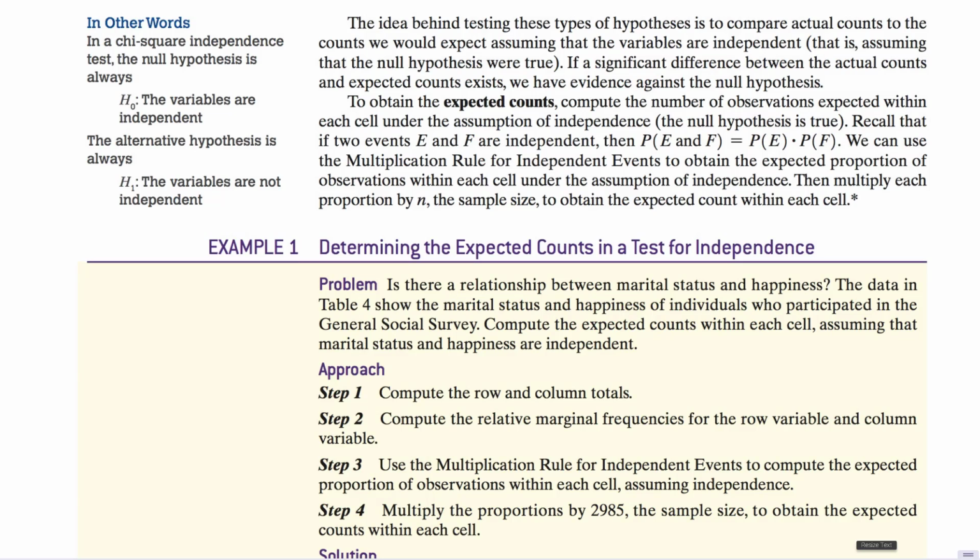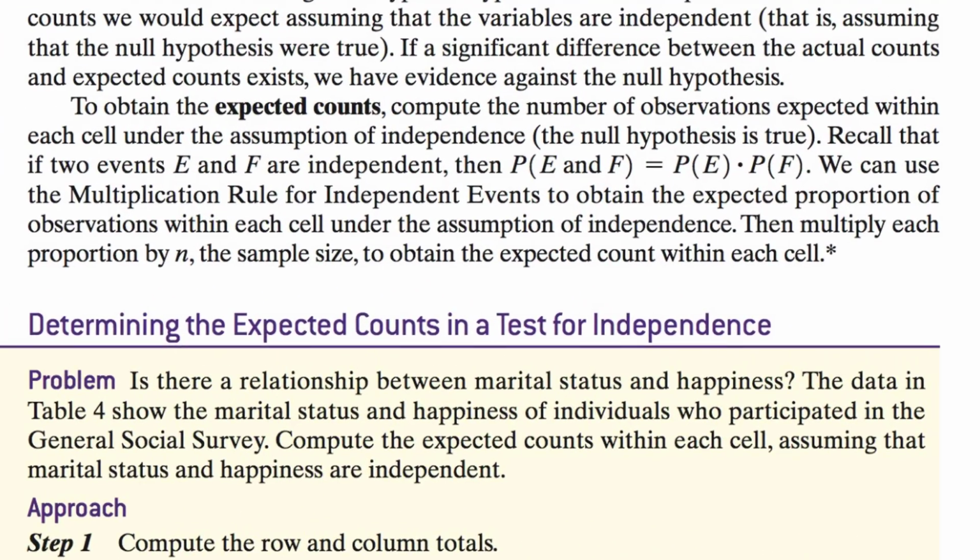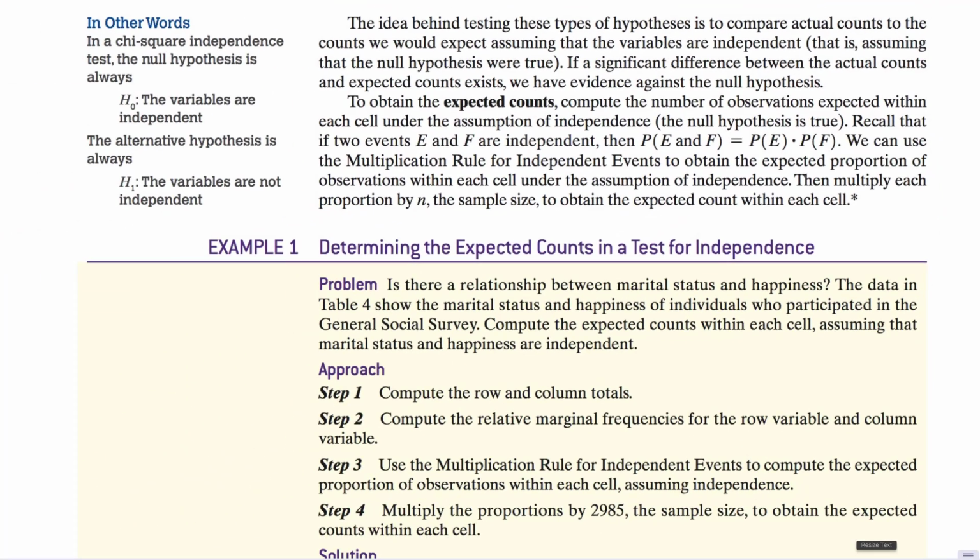If you remember back in a previous chapter when we talked about independence and probability, there was a very important equation that said the probability of two events, E and F, is equal to the probability of E times the probability of F when the two events are independent. And so we are assuming that we have that here when we do this particular test.